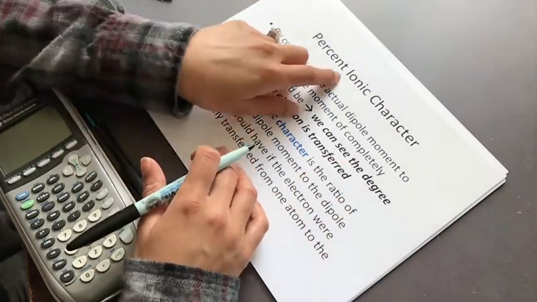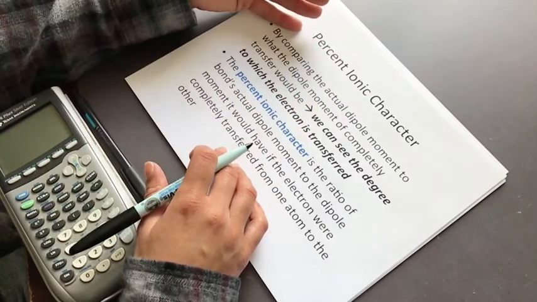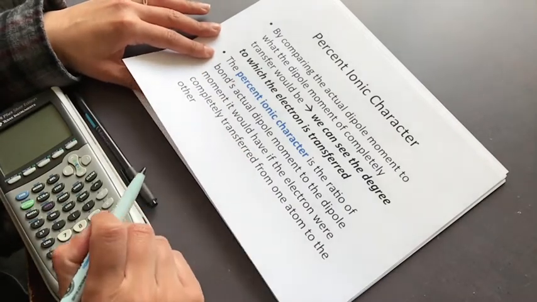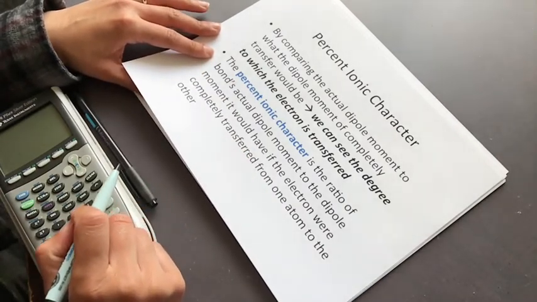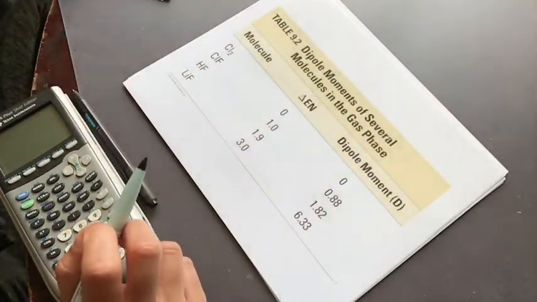You compare those to then get a percent ionic character. What it actually is to what it would be if the electron was completely transferred. Percent ionic character is the ratio of the bond's actual dipole moment to the dipole moment it would have if the electron were completely transferred from one atom to the other.